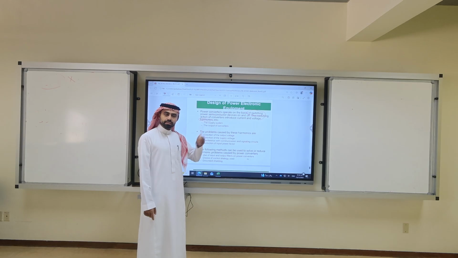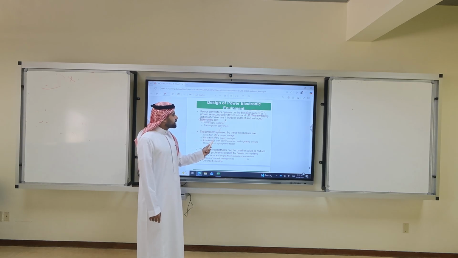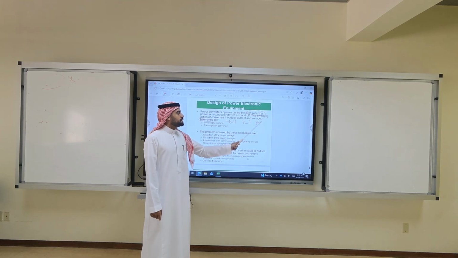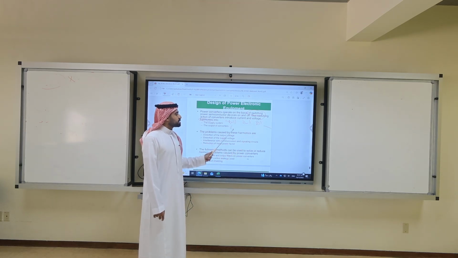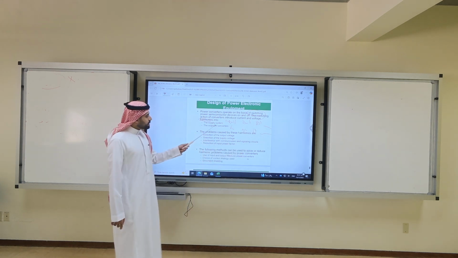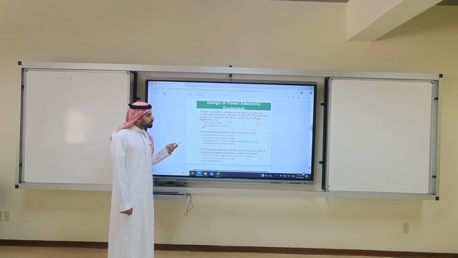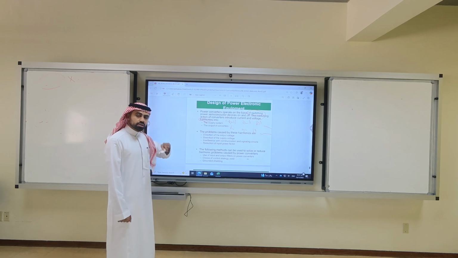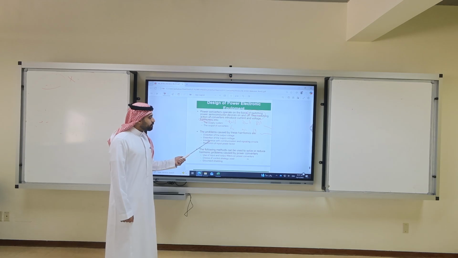Because of this switching, we introduce harmonics: sine omega t, 2 omega t, 3 omega t, etc. Or maybe 60 hertz, 120, 180, etc. These harmonics go into the supply system or the output of the converter. They go into the synchronous generator, they go into the motor, they make vibration. They also distort the output voltage, it doesn't become smooth with the supply voltage. They overlap with the communication, and they reduce the input power factor.